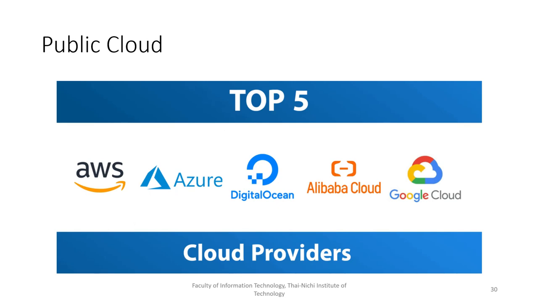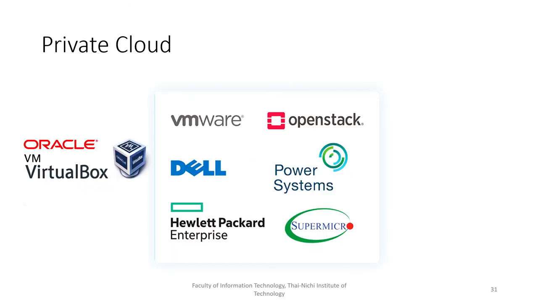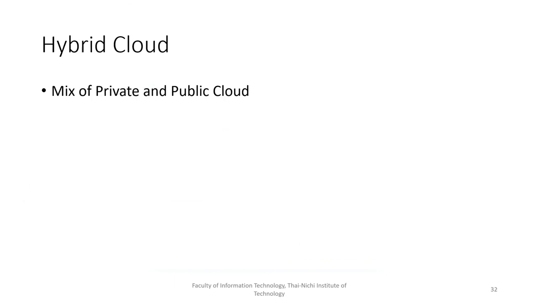So these are the top 5 providers of public cloud: AWS, Azure, Alibaba Cloud, Google Cloud, and DigitalOcean. And in private cloud we have Oracle VM, that is VirtualBox, VMware, Dell, HP, Power Systems, Supermicro, and OpenStack. So these are the private cloud providers. When we mix both public cloud and private cloud, that becomes the hybrid cloud.